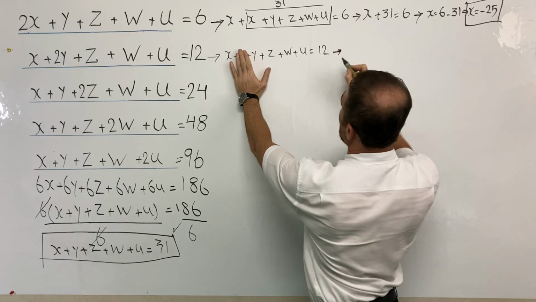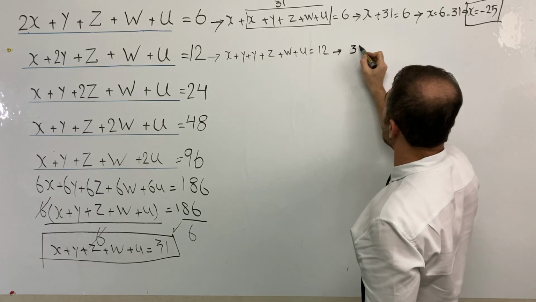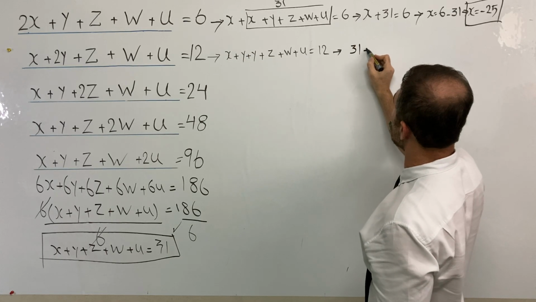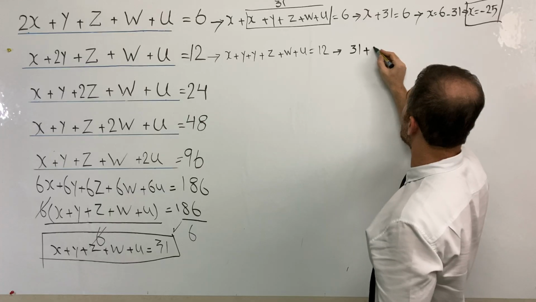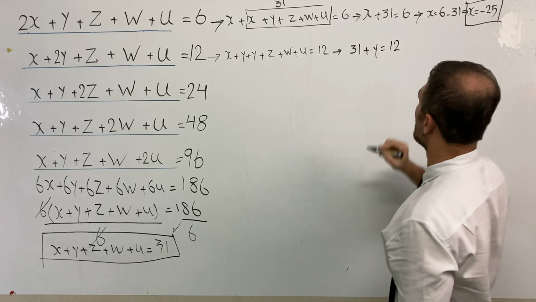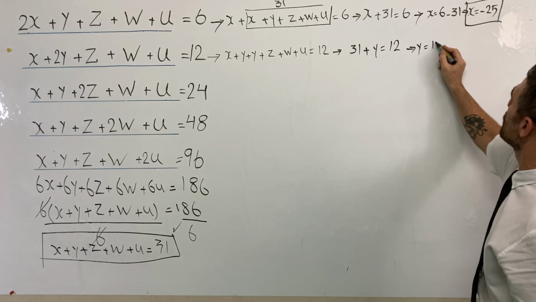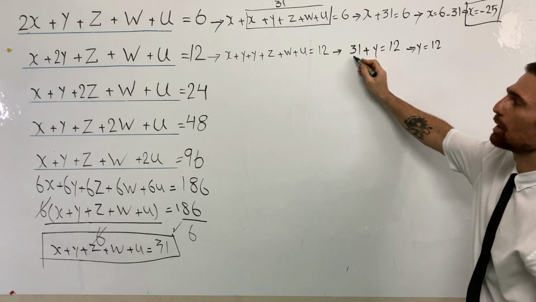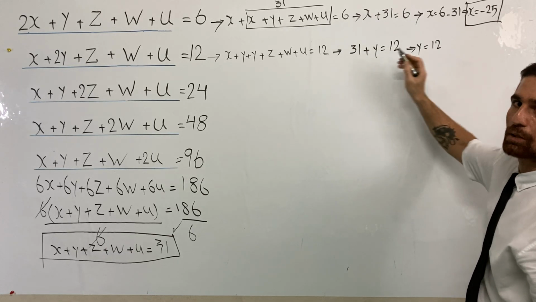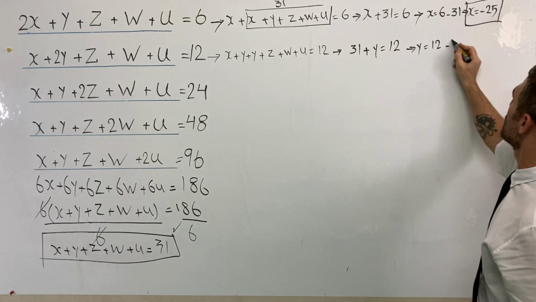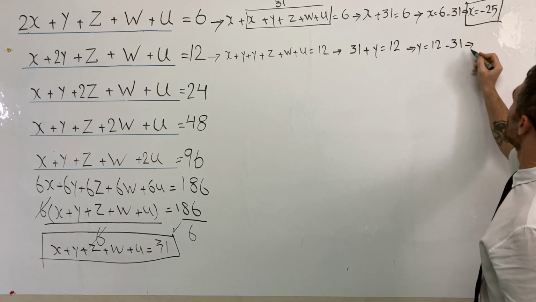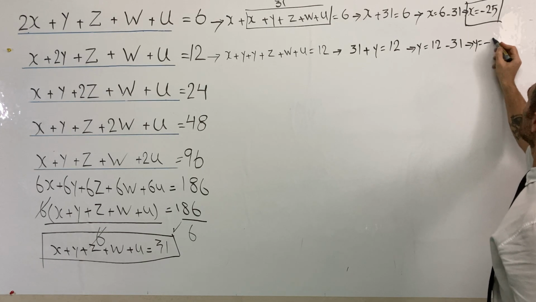So I can write 31 plus this y equals 12. So what is the value of y? Y is going to be 12, transpose this 31 to the other side. Do not forget, we need to change the sign. Minus 31. So y is negative 19.